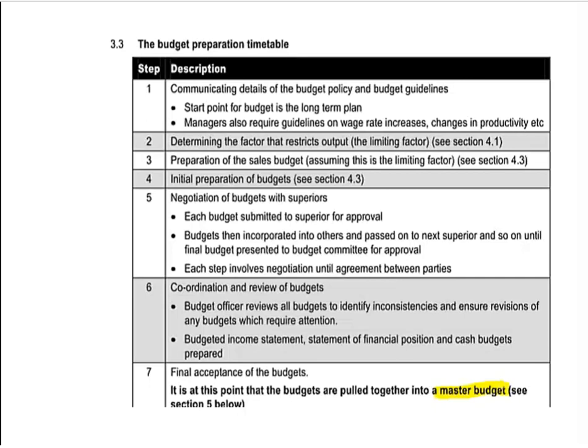So one of the things then that we can use the budget for is communicating to members then what the process is going to be and what the policy is going to be based upon the long-term plan. We might then need to think about what it is that is going to constrain us. So we'll be looking at the limiting factor, and we'll then, if we assume that sales are the limiting factor, we'll need to prepare the sales budget first and then the other budgets.